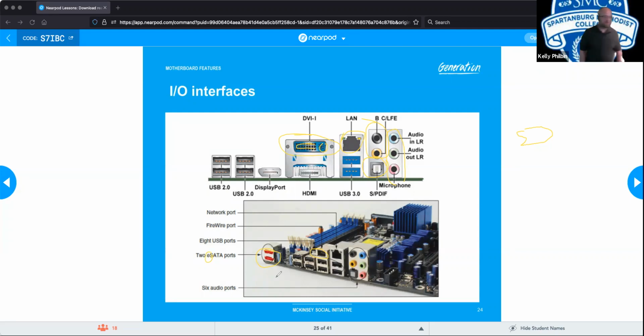Definitely want to remember that. If you do not see the E, it is not external. So eSATA, external SATA, typically used for hard drives and things like that. Same with FireWire, that is also a hard drive connection typically. Any questions so far?